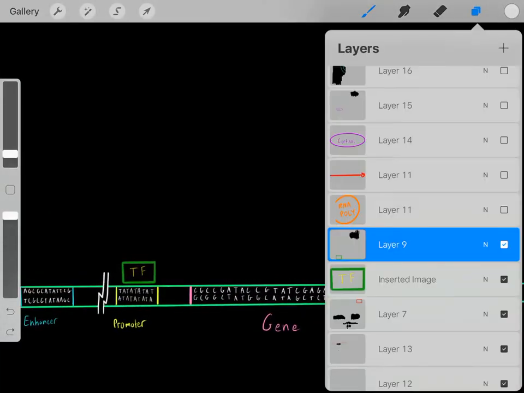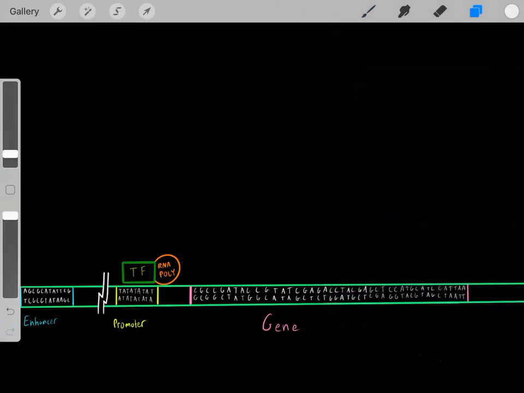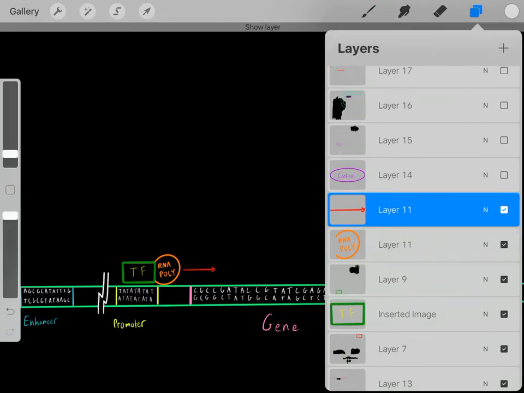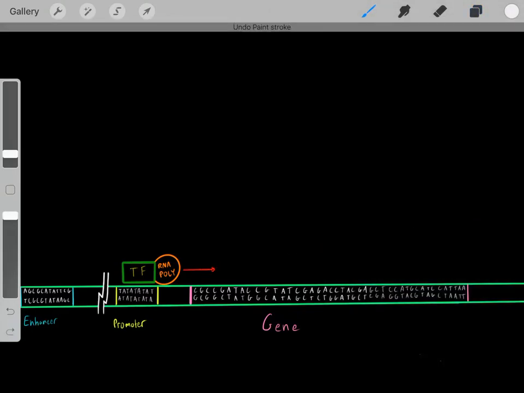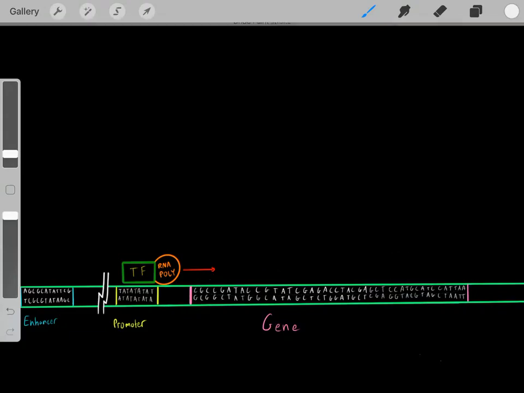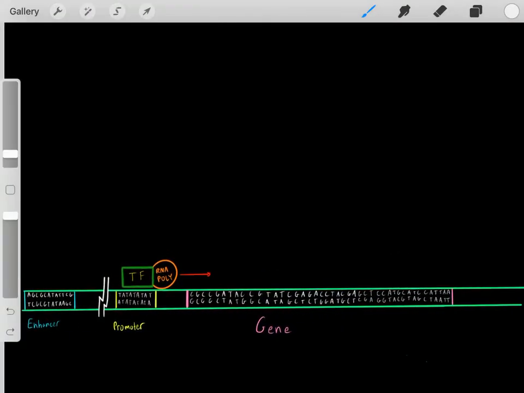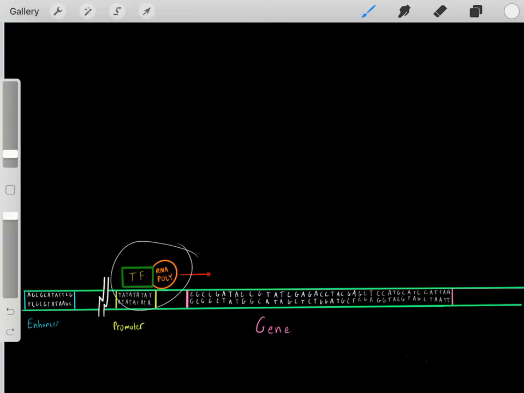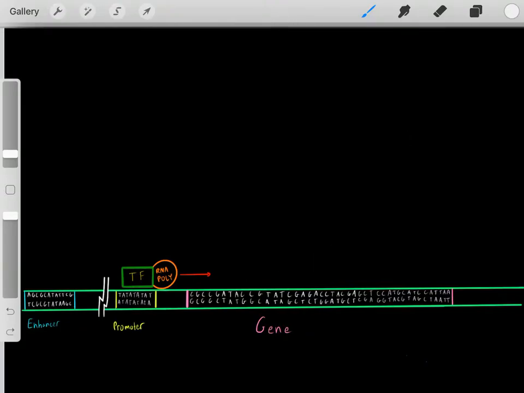Once it binds to the promoter, it can recruit an RNA polymerase. And once we've recruited an RNA polymerase, it can start polymerizing our mRNA using our gene as a template. So again, the point is we activate the transcription factor, it binds to the promoter, which can recruit an RNA polymerase, and we have everything we need to transcribe this gene to make mRNA.